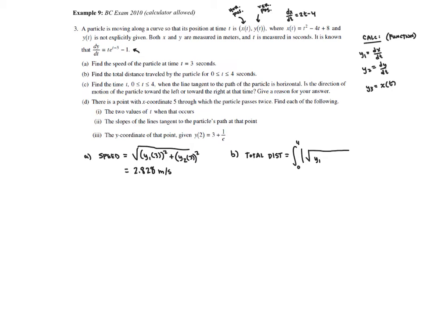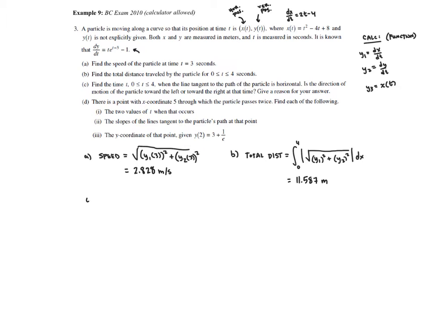So that'll be the square root of y1 squared plus y2 squared. Now in our calculator, we'll have it with respect to x, seeing that we're in function mode. So the total distance traveled ends up being 11.587 meters. That's rounded to 3 decimals as requested by College Board.